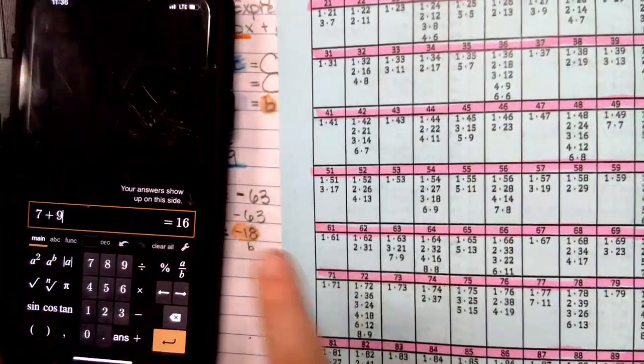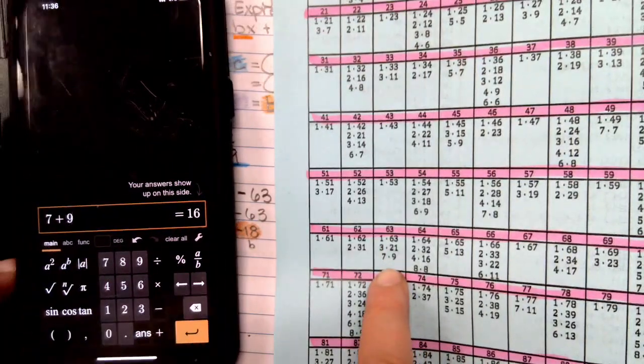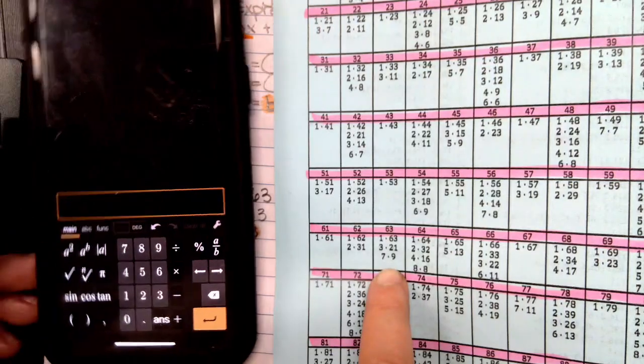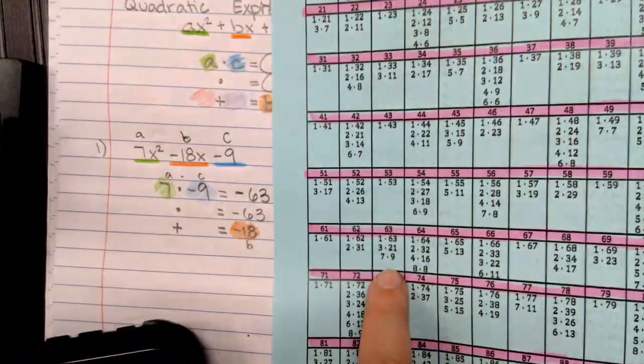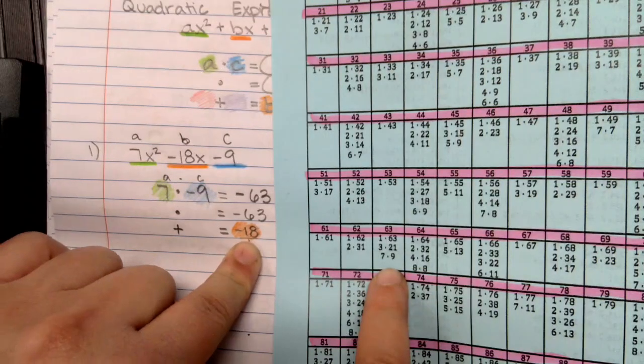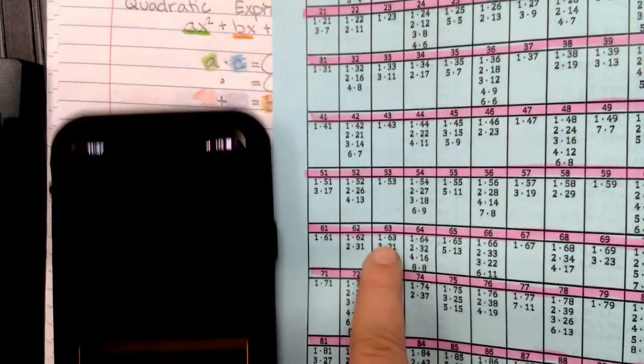Subtraction. And if I'm subtracting, should I do my small number minus a big number or big number minus small? What's going to give me a negative? Small minus big. So I'm going to think 1 minus 63. Does that equal, oops, that was 3. 63. Does that equal negative 18? Nope. 3 minus 21?